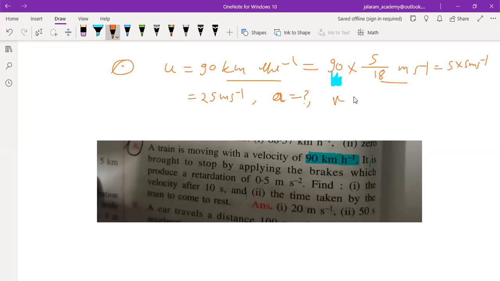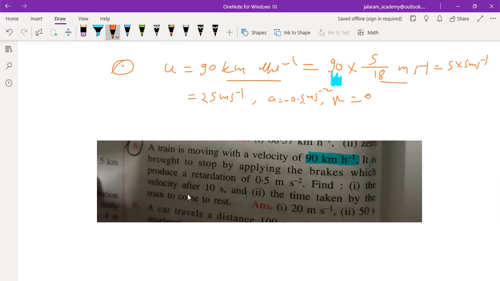It is brought to stop, which means final velocity becomes 0. And retardation is also given: minus 0.5 meter per second square. In place of retardation, we write a equals minus 0.5 meter per second square.